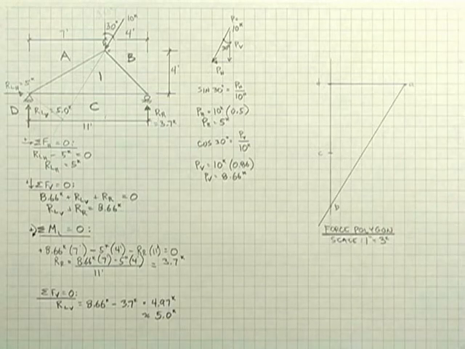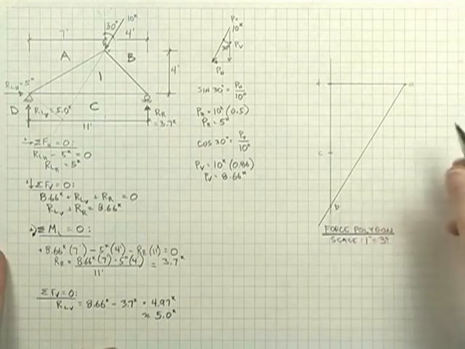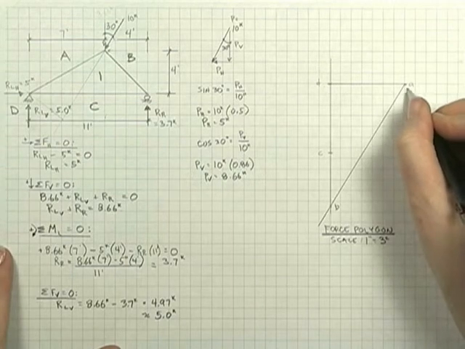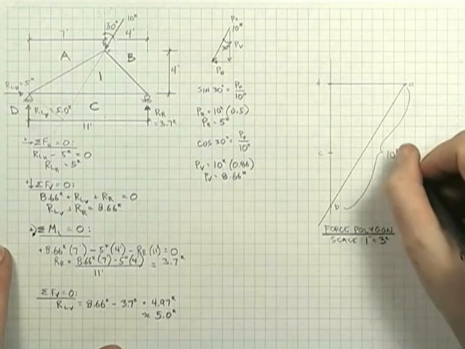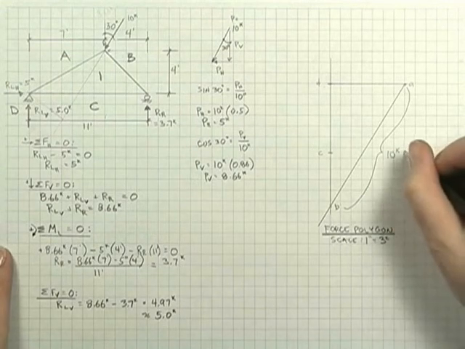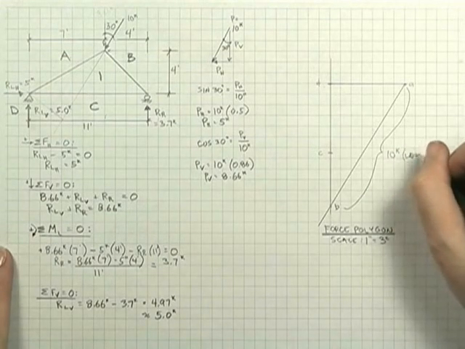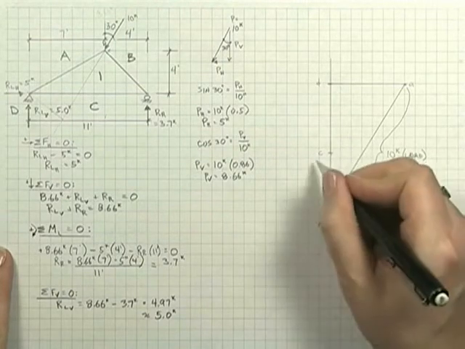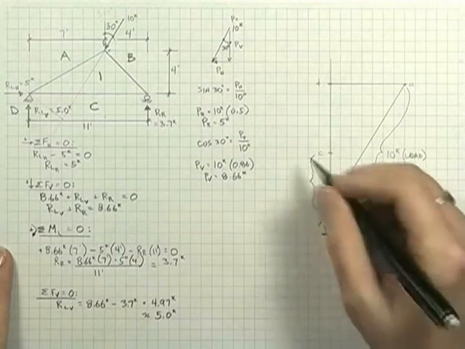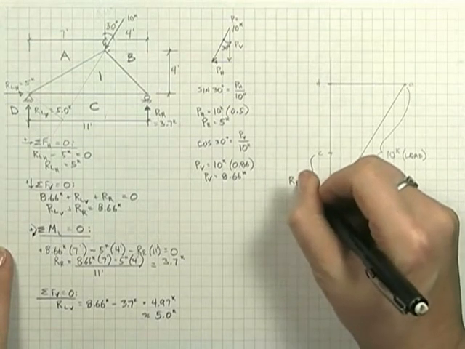Now we can read our forces directly. So again, A to B, this is our 10 kip applied load. From B to C, that distance represents our right vertical reaction.